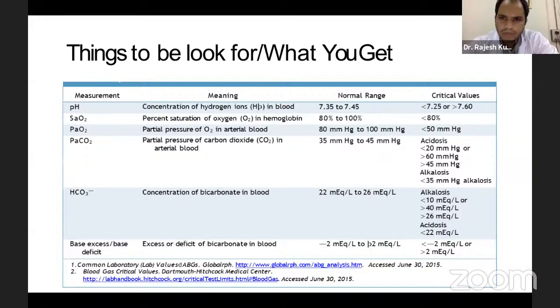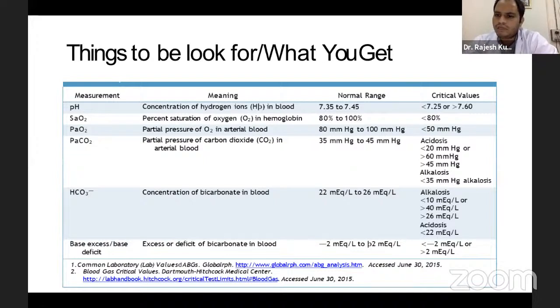Now, these are some simple values that you have to remember. The normal value of pH should be between 7.35 to 7.45. Always remember this to at least 2 decimal places.